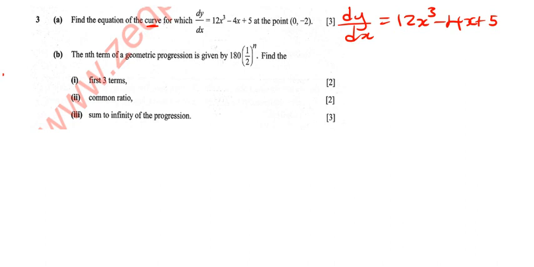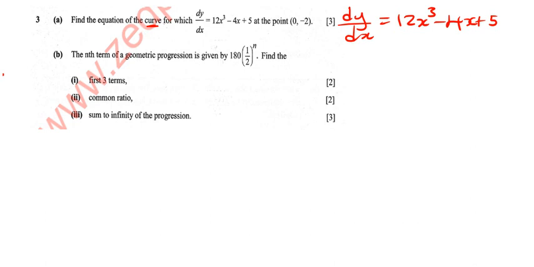So since we want the equation of the curve, given this equation we must find the original equation before it was differentiated. This dy over dx just shows you that this equation was differentiated, but we need to find it before it was differentiated.